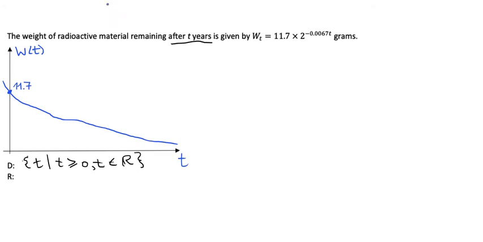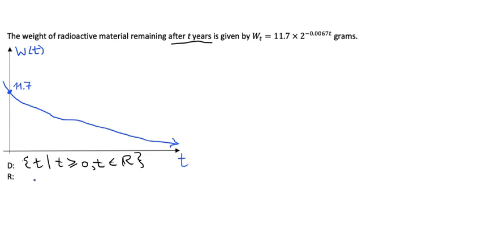And the range, we will never have a negative weight, and this function actually approaches 0, but the weight is decaying incredibly slowly. It's taking thousands, maybe millions of years, and so it's defined for a positive weight, okay?